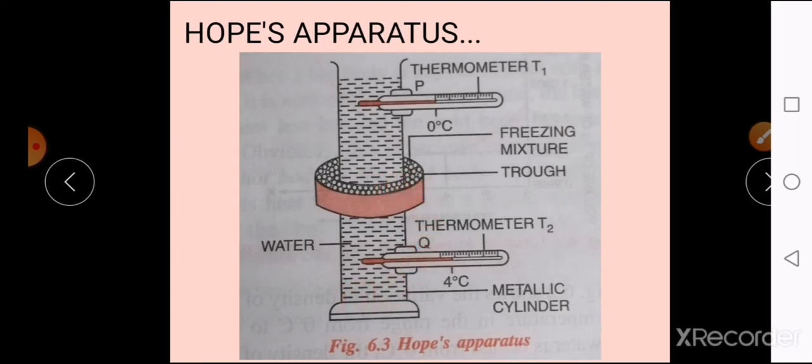So this procedure is going to take place, and as a result what happens? The initial room temperature is going to decrease, and that will be shown in your thermometer T2, and after a time interval it is going to reach 4 degrees Celsius, after which it is not going to change. Now what about the upper thermometer?